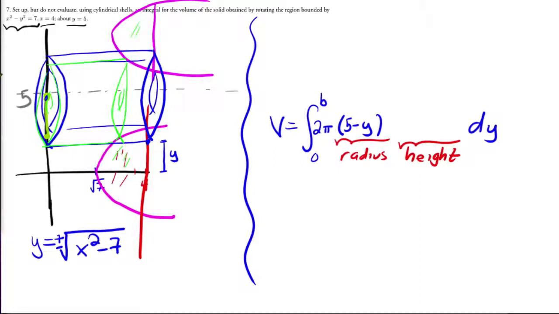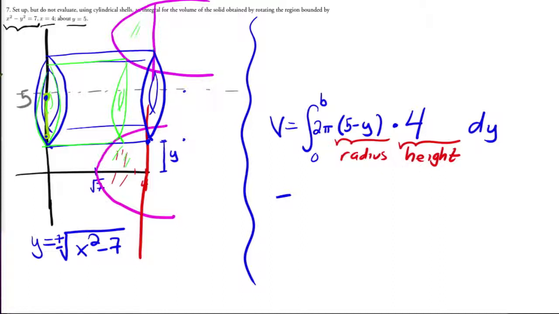The whole thing is 5, take away y, you get 5 minus y. Now for this big blue one, the height of this cylinder is always going to equal 4, because the height is constant.